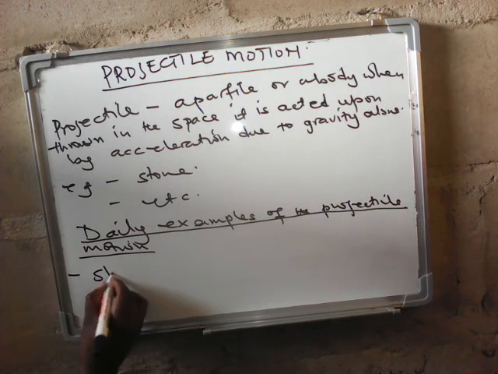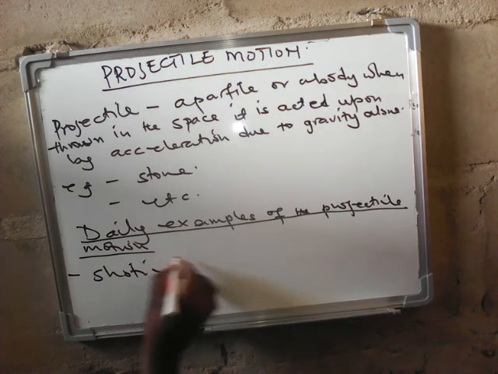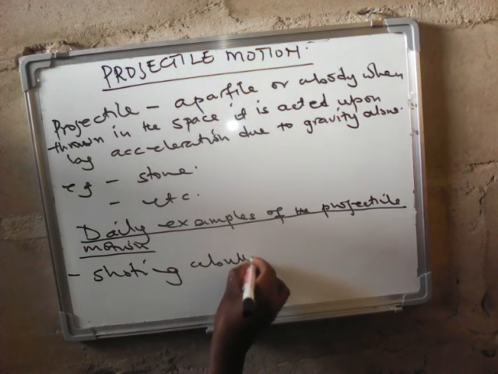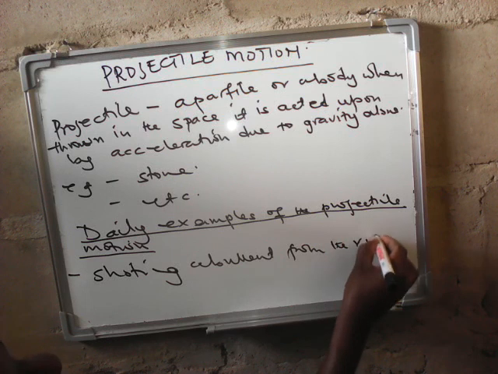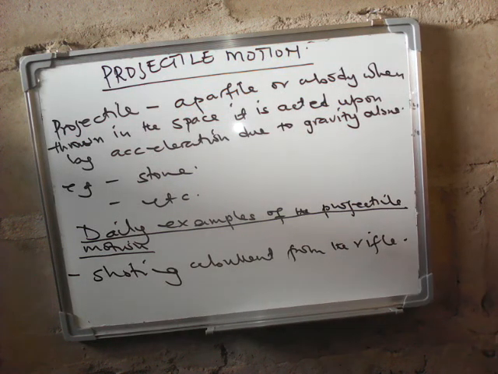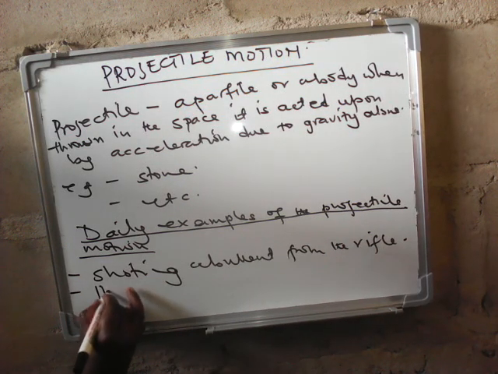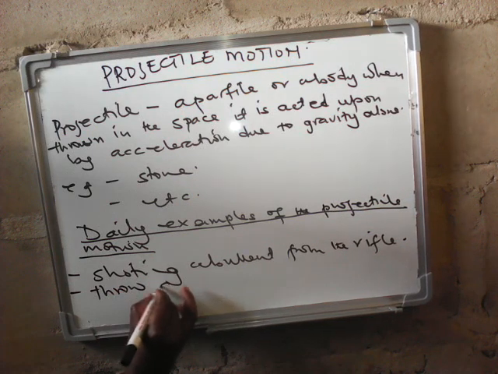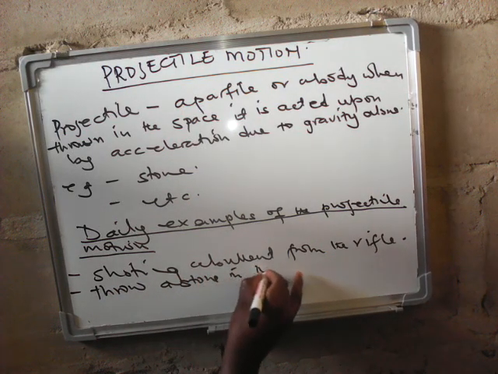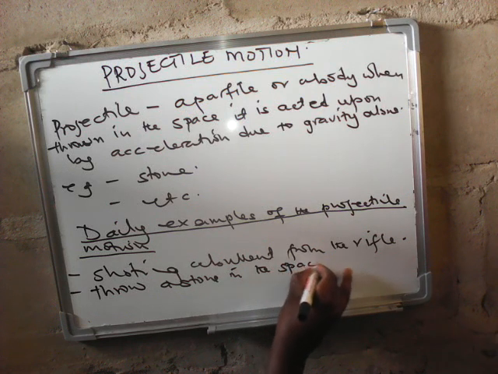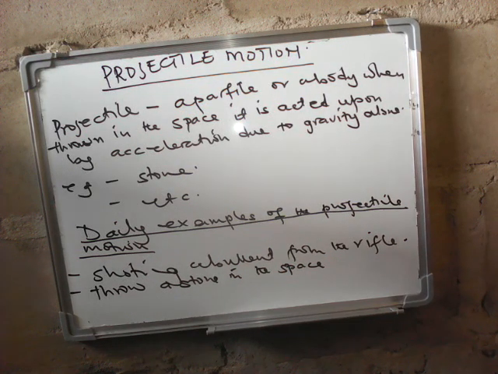One, shooting a bullet from the rifle, that is an example. Then also I can throw a stone in space, that is a projectile motion.